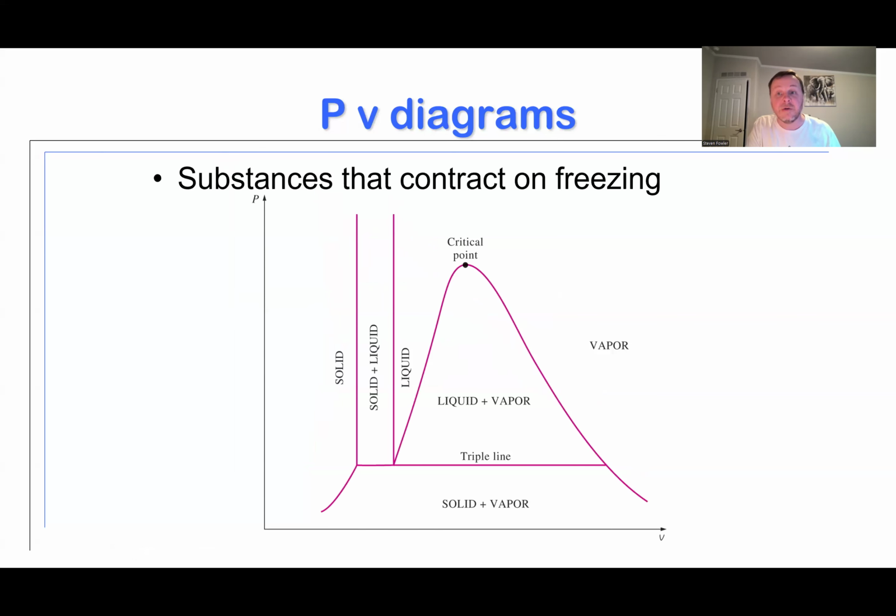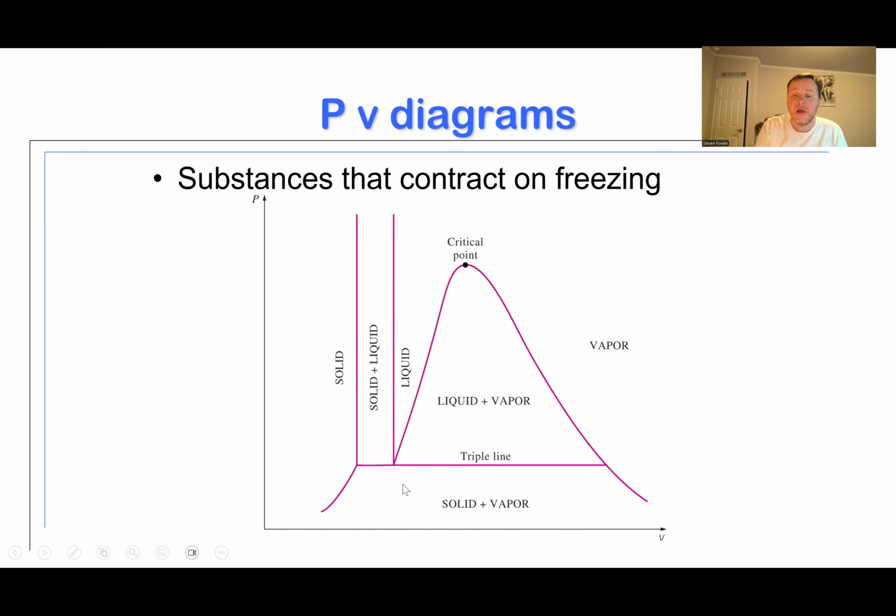Now, if we continue looking at PV diagrams, pressure versus volume, again, I'm using diagrams from the Cengel and Boles text. Notice that if we add solids to our diagram here, now I've got these regions to the left of the liquid. We've got this region between solid and liquid, and then you get to this region where it's purely solid.